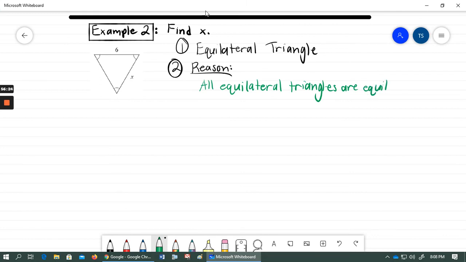And folks, even if you didn't remember this corollary to the base angles theorem, or in other words, this little extension of the base angles theorem, that all equilateral triangles are equiangular and all equiangular triangles are equilateral, then you could state also the base angles theorem, really.